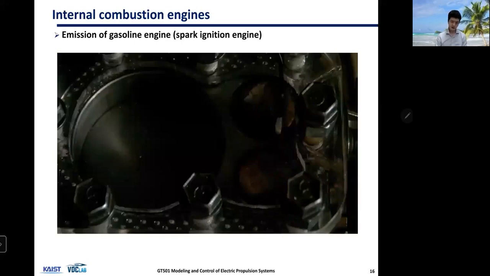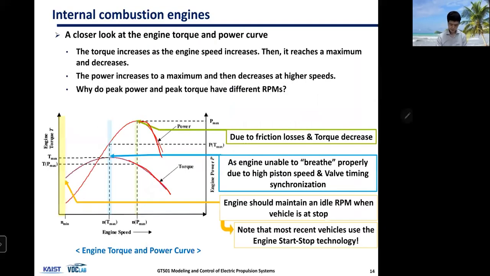Engine designers need to take care of the emission and fuel economy. So engine designers want to optimize emission and fuel economy and maximum power output. They want to increase this torque and power.